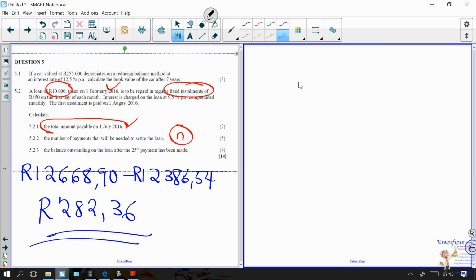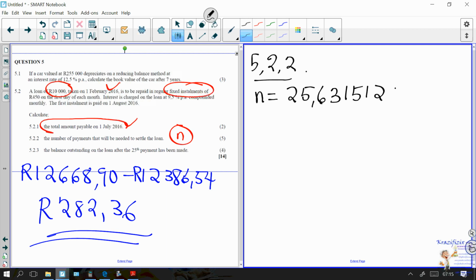If we go back to question 5.2.2, please rewind the video and go back there. When we got our n, it was 25.6315128. I want to tell you the meaning of this number. Very, very key. Hence, we don't round off here. We only rounded off the final answer, saying 26 payments.